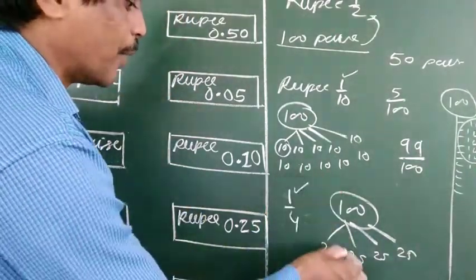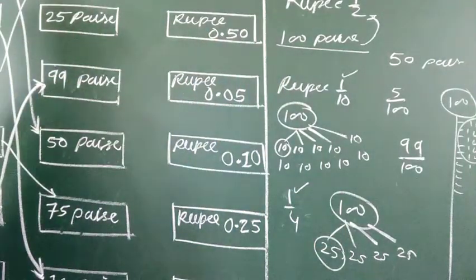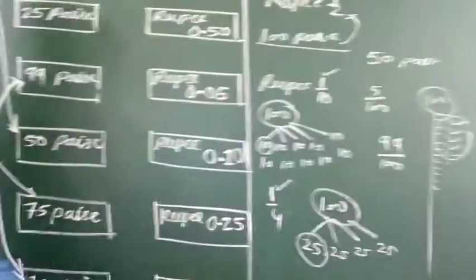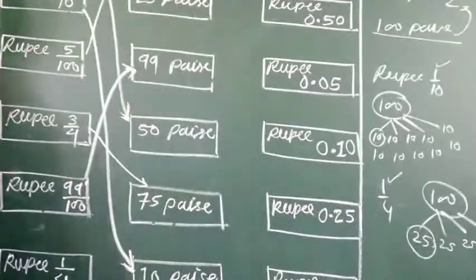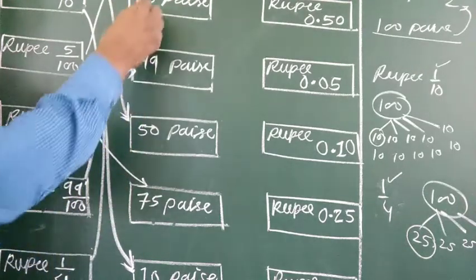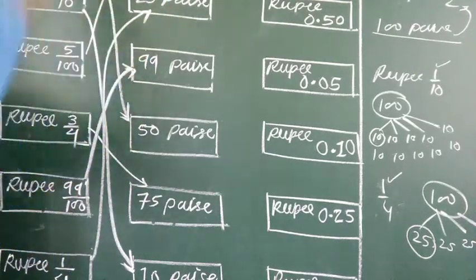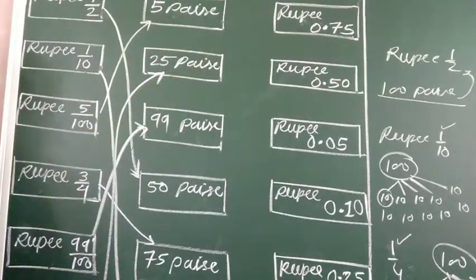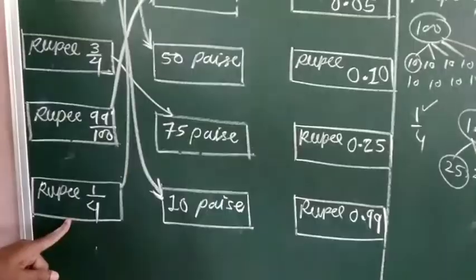We have to take 1 part out of these 4 parts. So see, when you take this 1 part, its value is equal to 25. So you can do it like this. Okay, this is 25 paise. 1 by 4 rupees is equal to 25 paise.